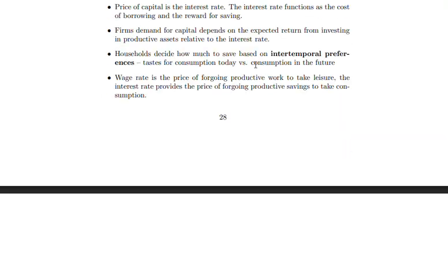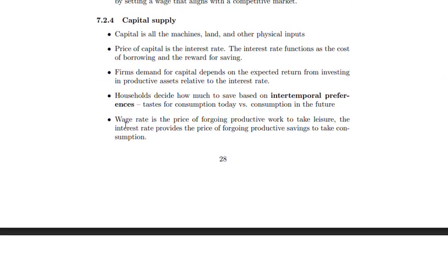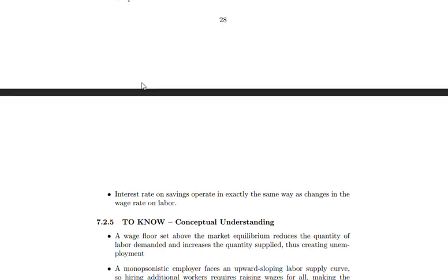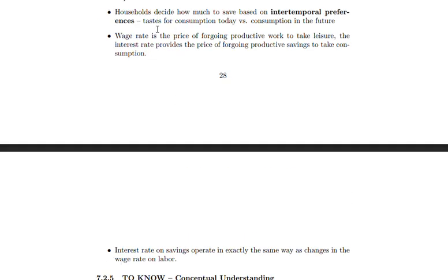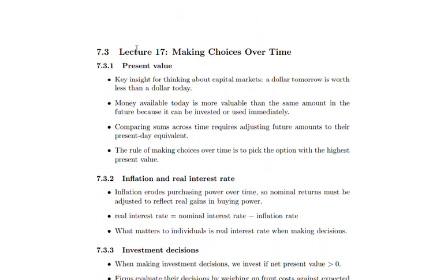The last part is about choices over time, today's consumption versus consumption in the future because of the interest. In the next lesson we're talking about that.